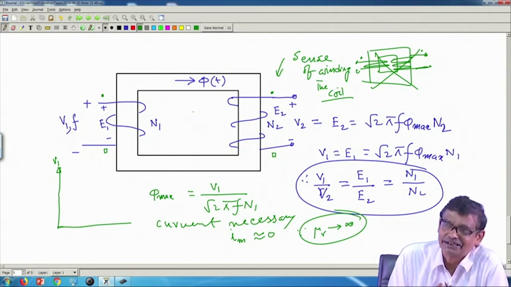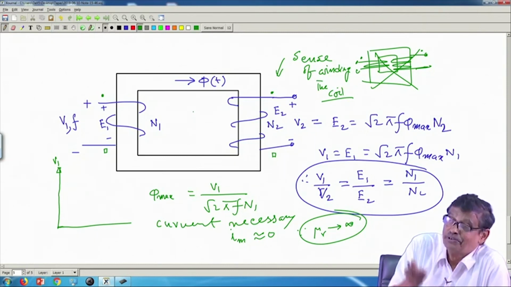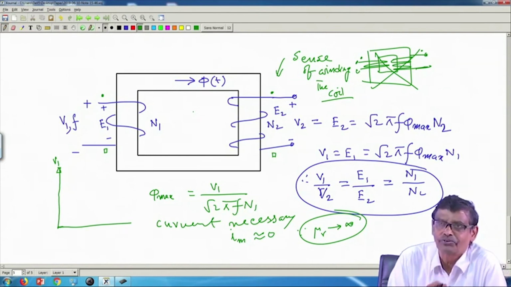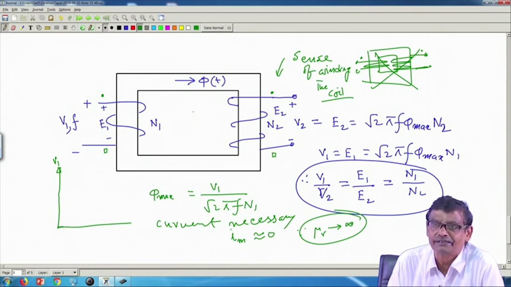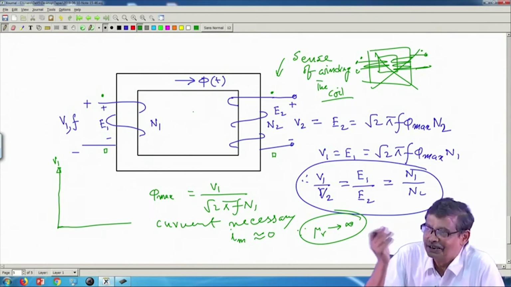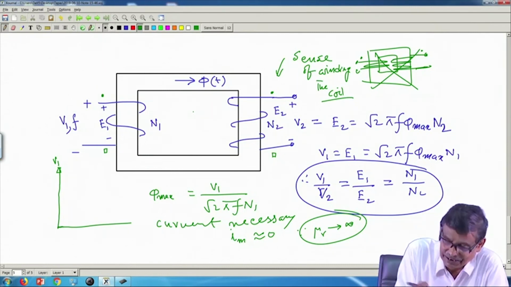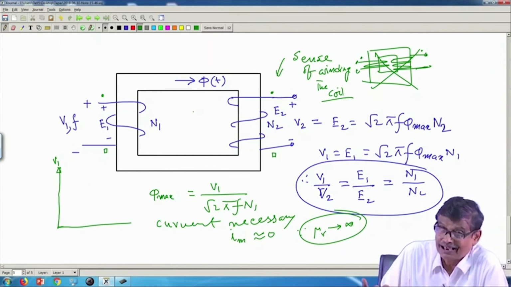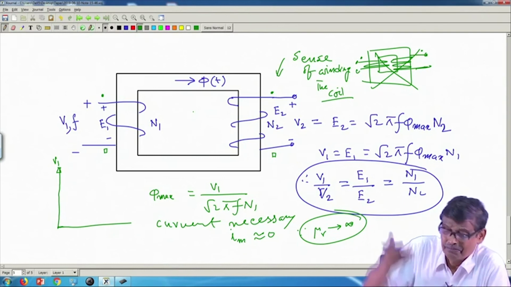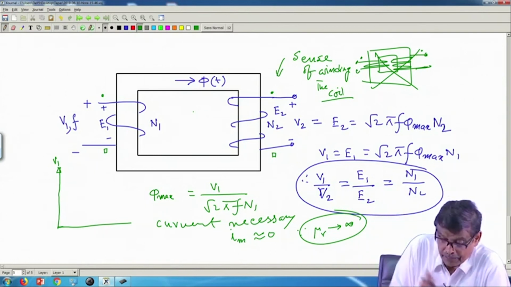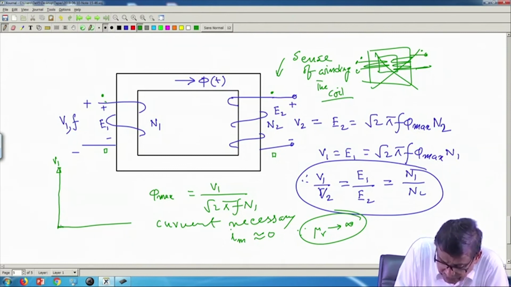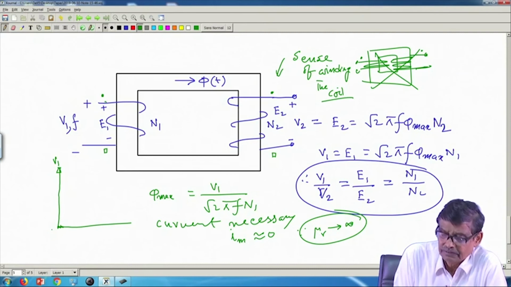The inductance value is very large. If mu r tends to infinity, inductance goes to infinity, as in the expression we wrote for inductance. The current drawn from the supply will be 90 degrees lagging, and this length is pretty small, 0.